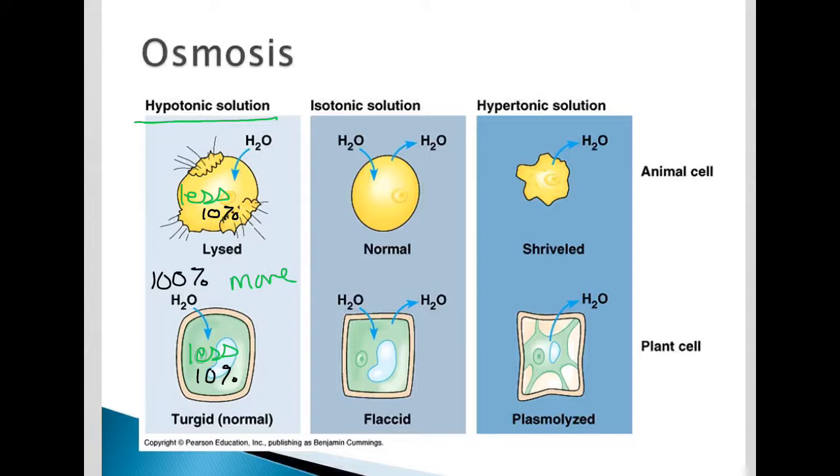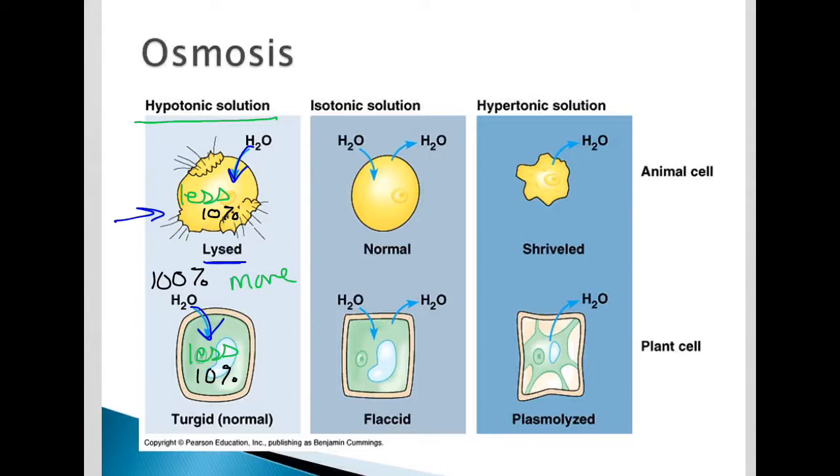So in both of these cases, water will go from the area of high concentration, the outside, to the inside of the cell. And the cell, because of that, will swell. In the case of an animal cell, the cell will burst because we only have cell membranes. It can only expand so much, and it will burst. And we call this lyse, or it'll have lysed. And we know that lyse means to break, similar to lysosomes, those organelles that break things down in our cells.